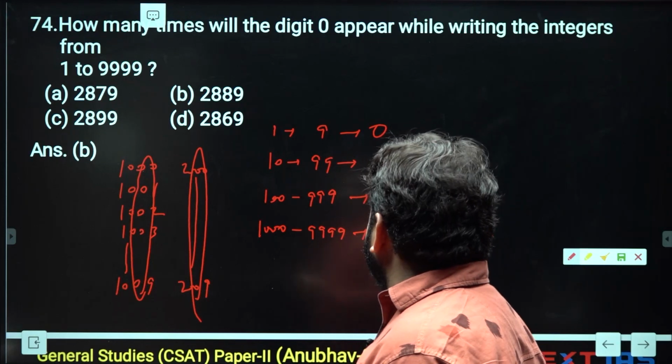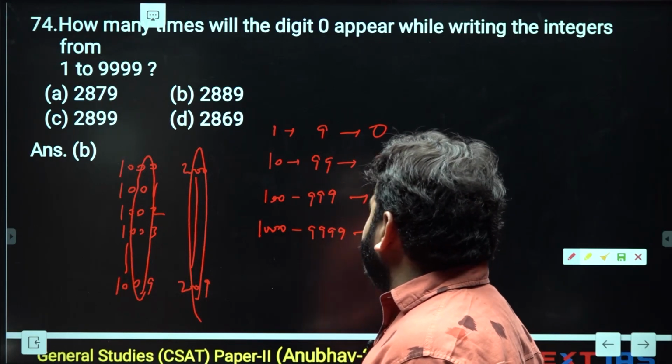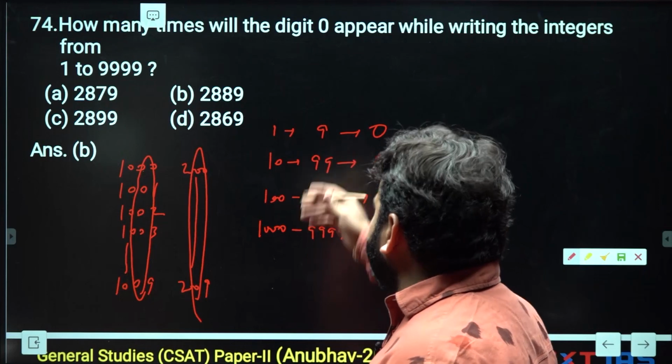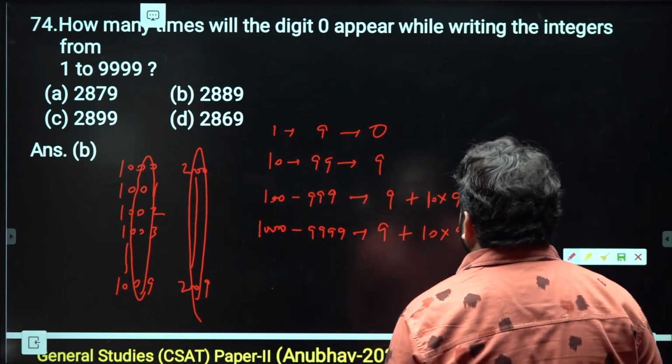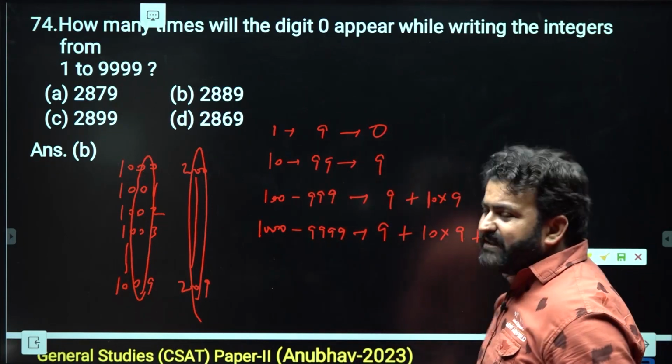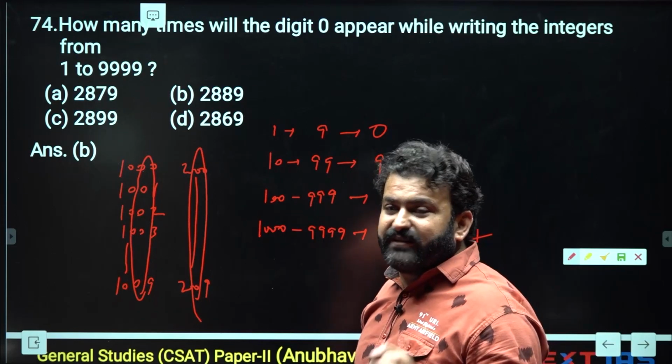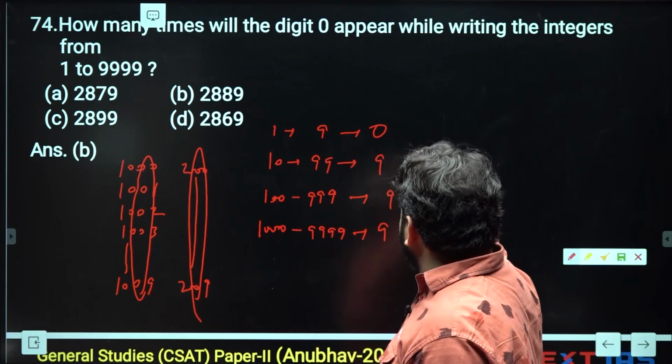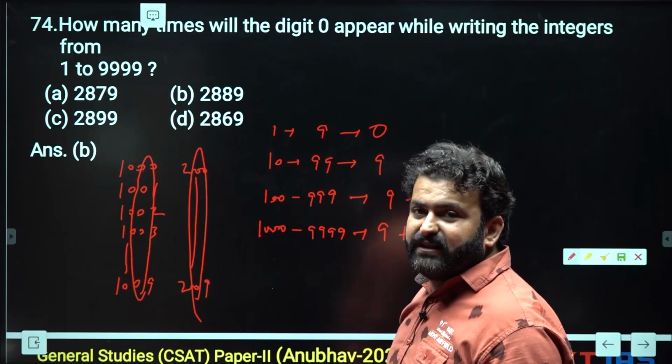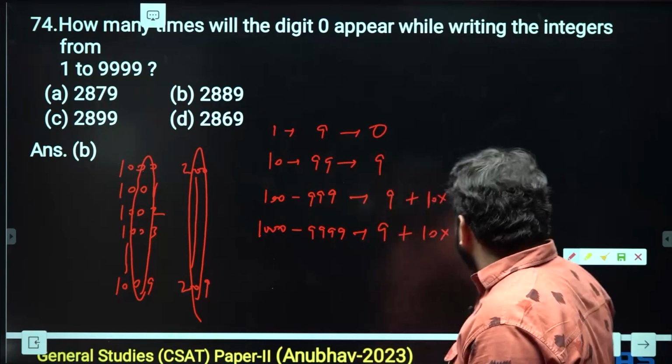So again, just see how many times they have it. You just calculate and then find out overall how many times the digit 0 will appear. Remember, here it is talking about the number of times digit 0 will appear, 0 + 9 + this one, you just keep on adding and you will get the answer.